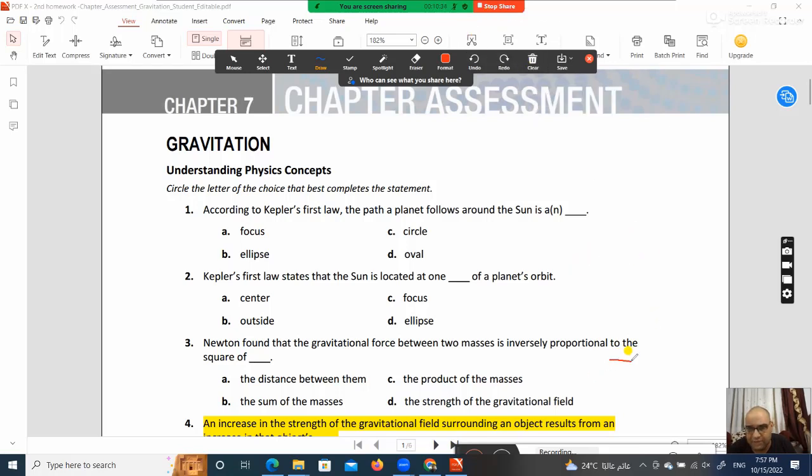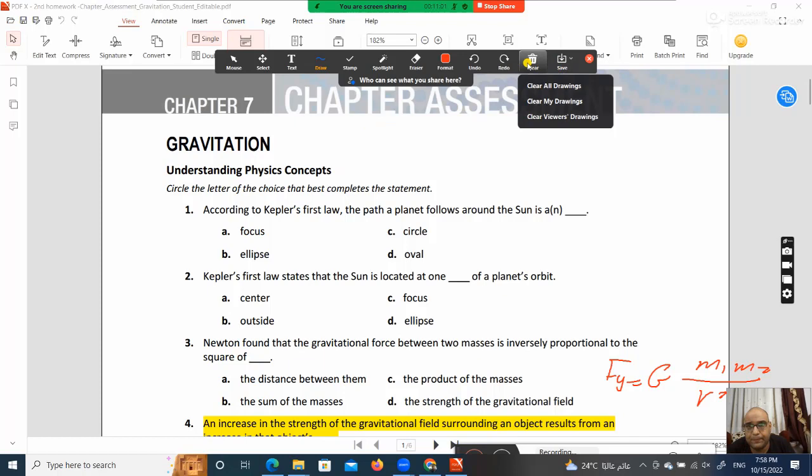The law here is Fg equals G, the gravitational constant 6.67 times 10 to the power negative 11, it's a constant, times mass 1 multiplied by mass 2 divided by r squared. So the answer is Fg is inversely proportional to the square of the distance between them. And he mentioned here the word square.